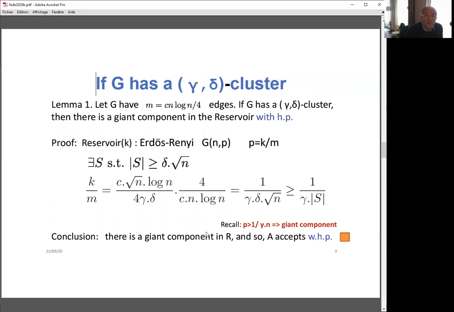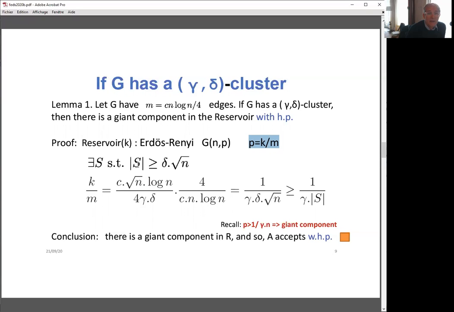So let's do the first result. Here is the simplest argument. Remember, what is the probability that an edge is taken in a reservoir? It's k over m. Now develop k over m with k equal to what we took, and m is this value. Naturally, we find 1 over gamma delta square root of n.